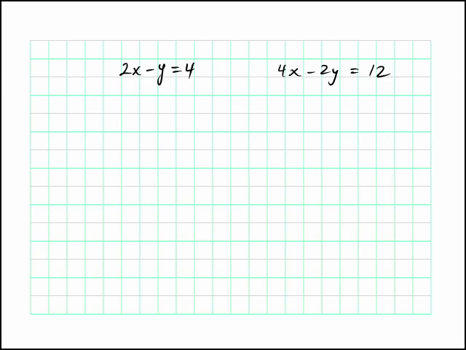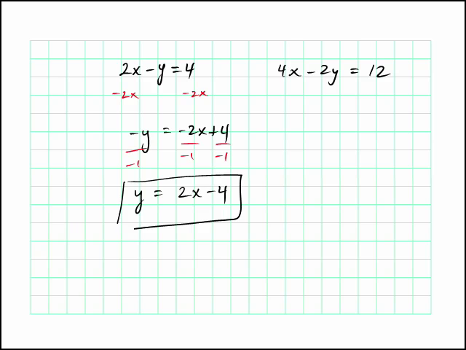Solve each one for y. Subtract 2x from both sides. Negative y equals negative 2x plus 4. Got to divide everything by negative 1. Like that. And we end up with y equals positive 2x minus 4.